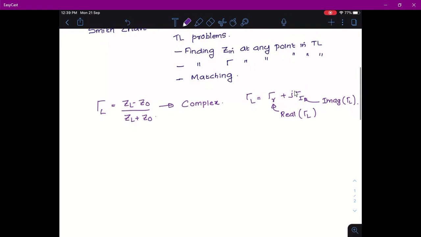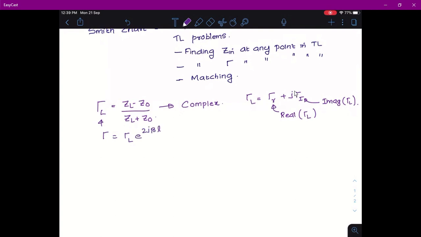Okay. Now why did I take tau L? Because any reflection I can represent in terms of tau L e raised to 2j beta L. So if you know tau L, then beta and L are parameters that are already given to you.